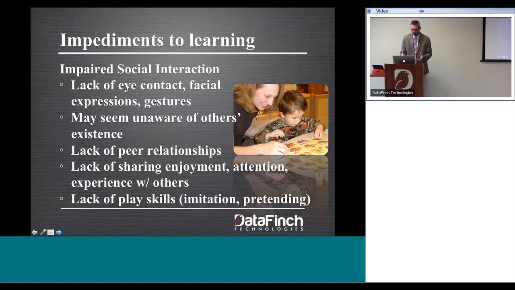So if you look at the third bullet there, this is certainly true of adults, but it's also true of young children. And even in groups of children, say on the playground or in a classroom when most of the kids are playing, it's not uncommon that a child with autism doesn't interact with other kids.